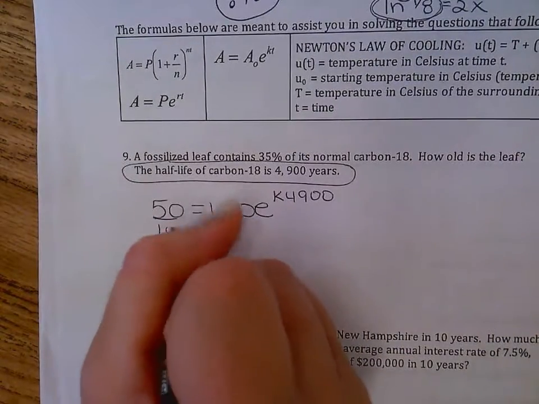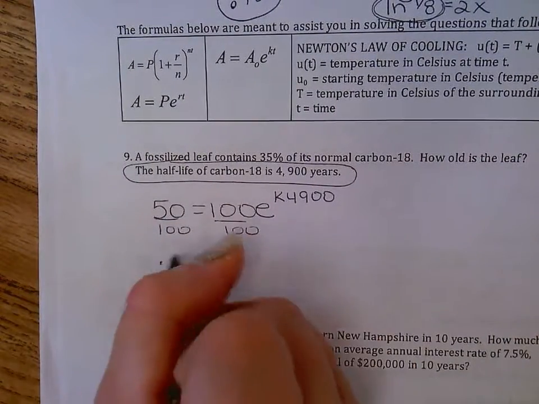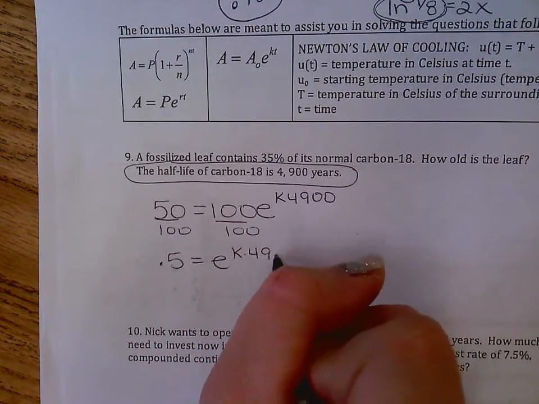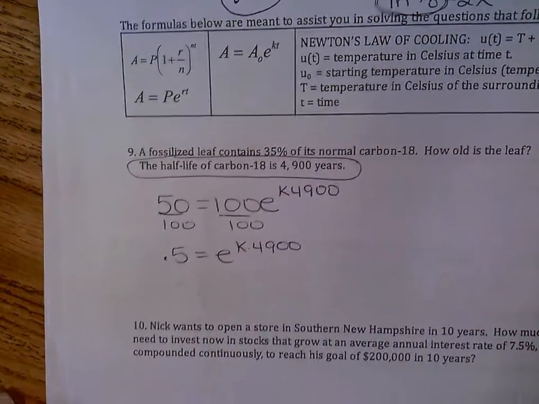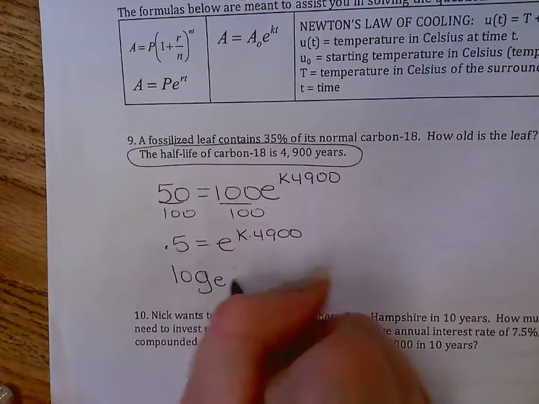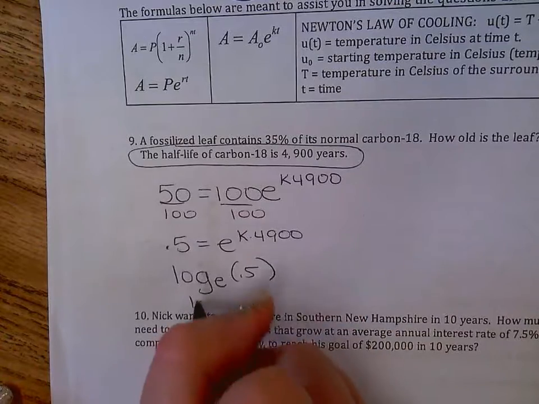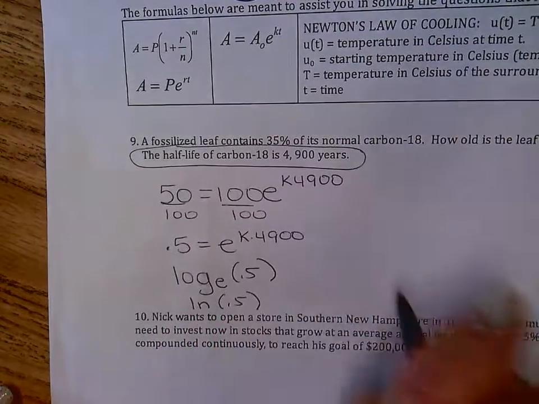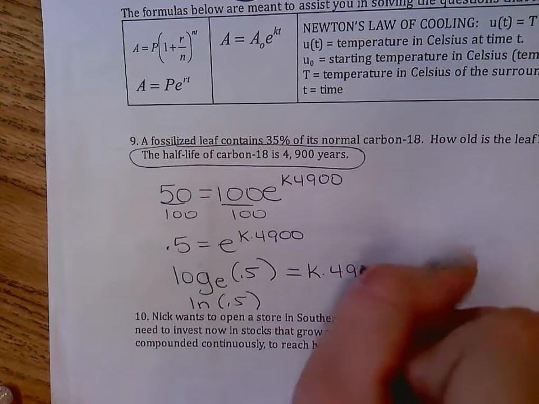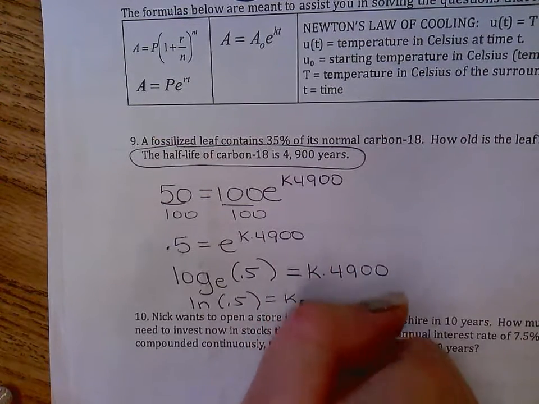So my first step is to divide by 100. So 0.5 equals e raised to the k times 4900 power. I change it into log form, which is the same as taking the natural log of a half, and that is equal to k times 4900.